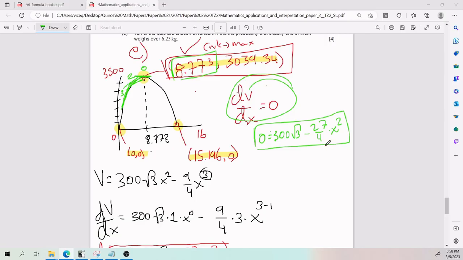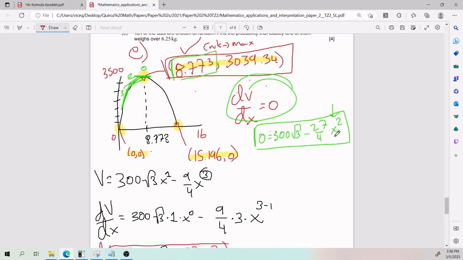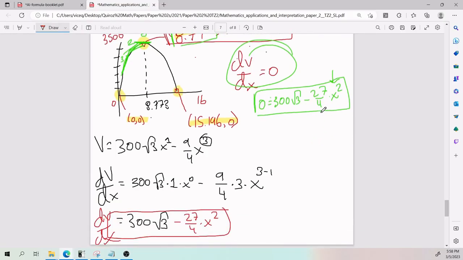If you're not sure how to solve this from this step because you have x squared on this side, there's a couple ways you can do it. I'm going to show you the classical one. So you want to get x squared alone, all right? So first things first, I don't like that there's a negative with the x, so I'm actually going to do plus 27 divided by 4, x squared to both sides.